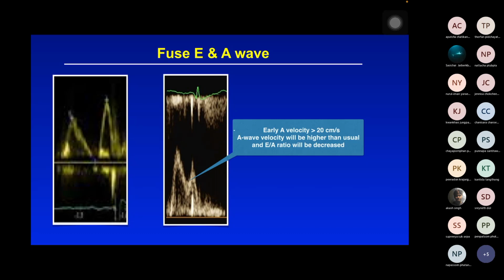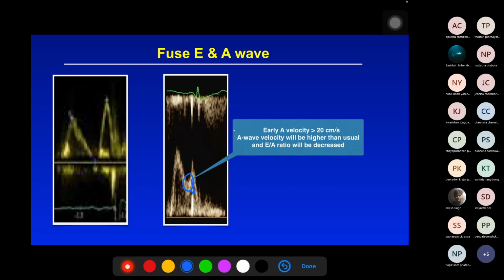If you measure the peak A velocity in this picture at the initial A where the velocity is over 20, you might get an overestimated A velocity. So if you see this fused EA picture, you should adjust the sweep speed to separate E and A, and then measure peak E wave and A wave again.